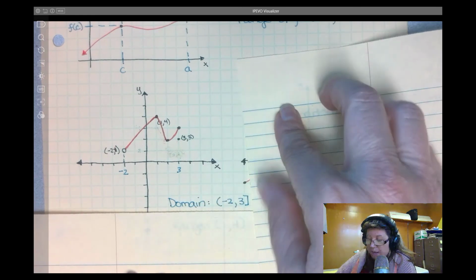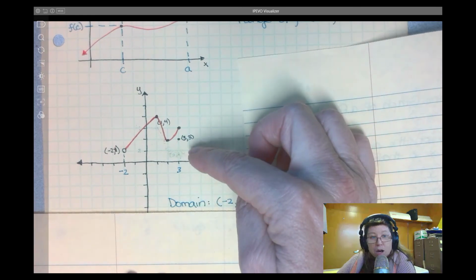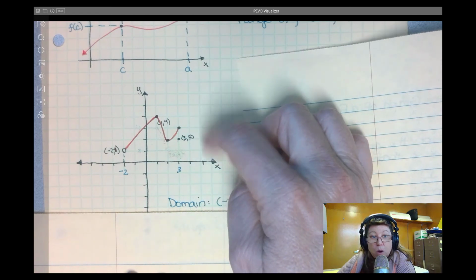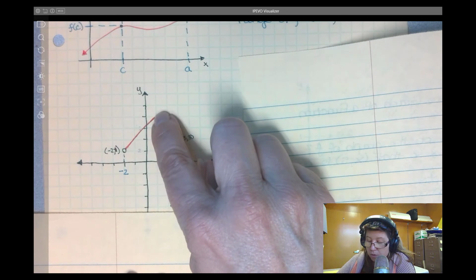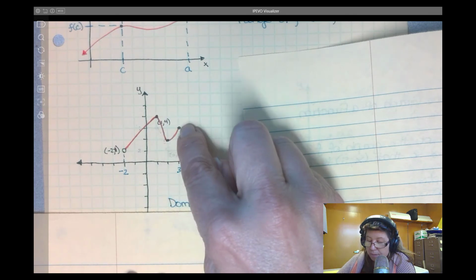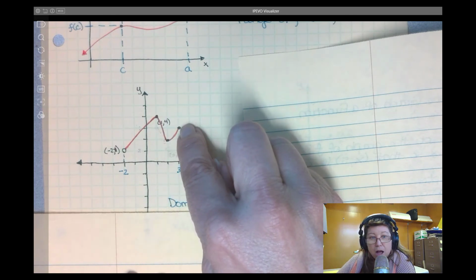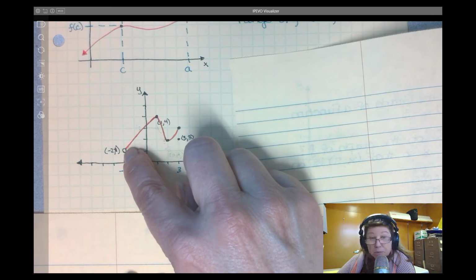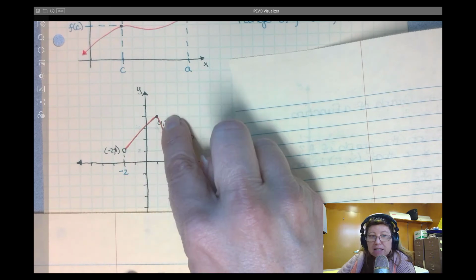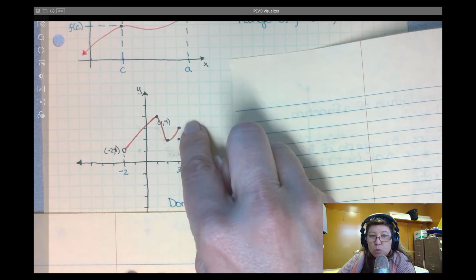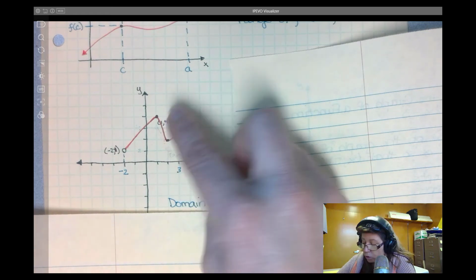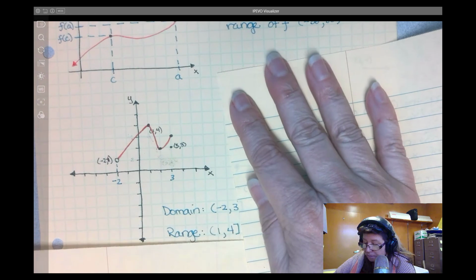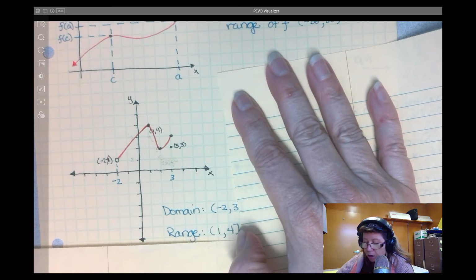Now our range has to do with our y values. Our y values start at 1, go up to 4, down to 2, back up to 3. Our lowest value was 1, but not including it, and our highest value was 4. Granted, we whoop-de-dooed right after that, but our highest value is 4. So our range is 1, but not including it, all the way up to 4.